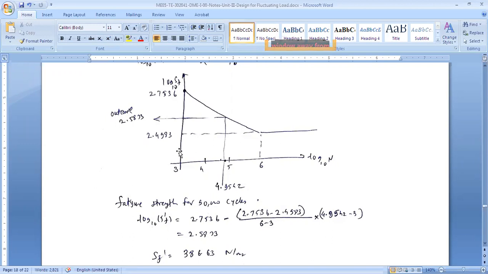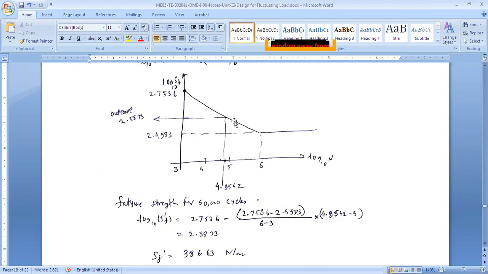Okay, I will again explain the same method, but now from the other side. Now we have to calculate this point, say we call it P. It is equal to this plus this distance. What is this point? 2.4983 plus this distance. Now how to calculate this distance? It is slope into this.